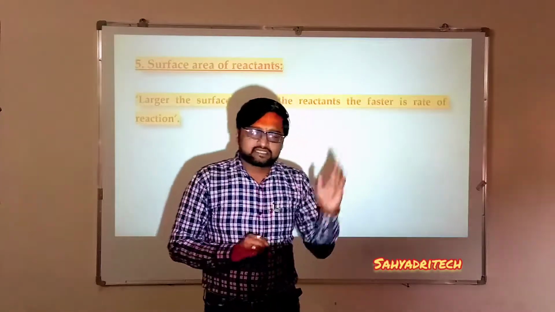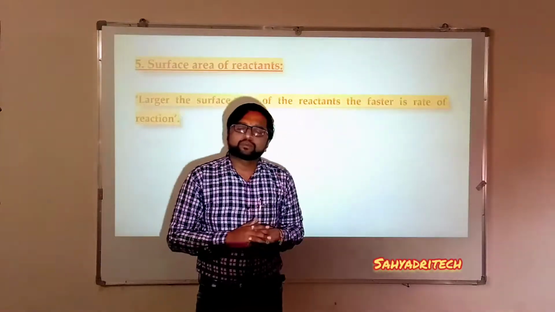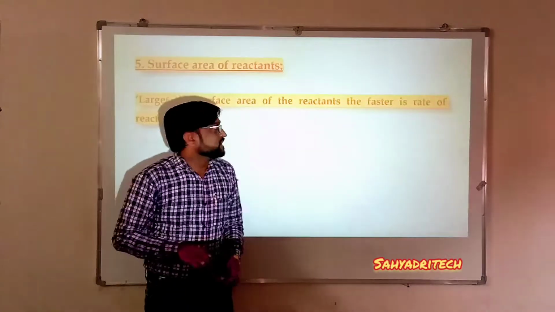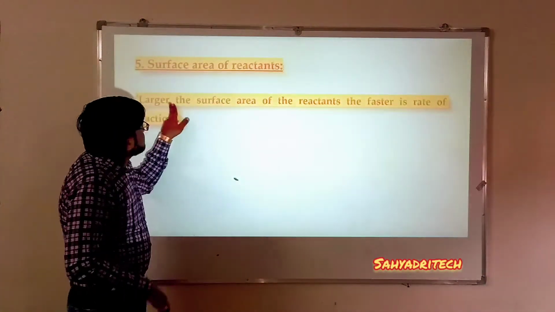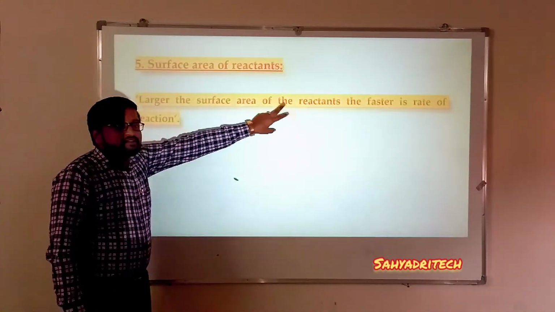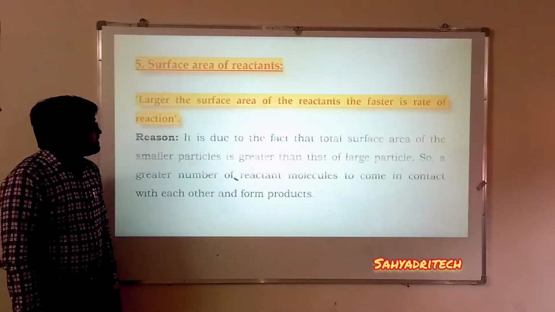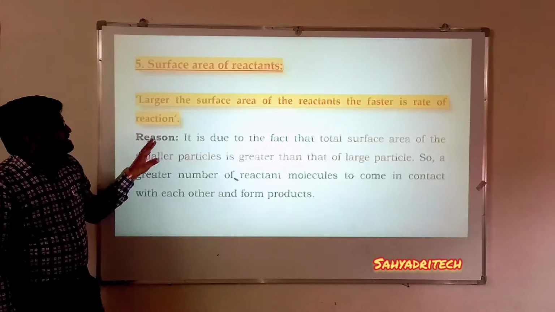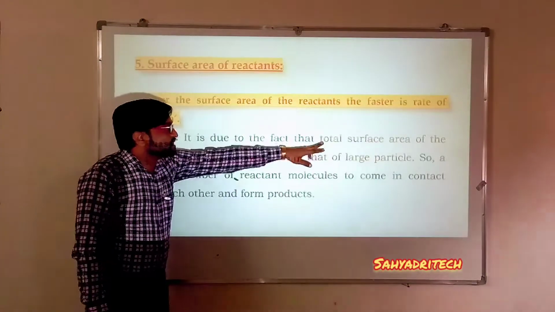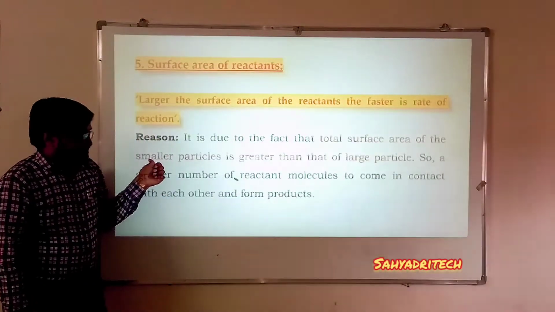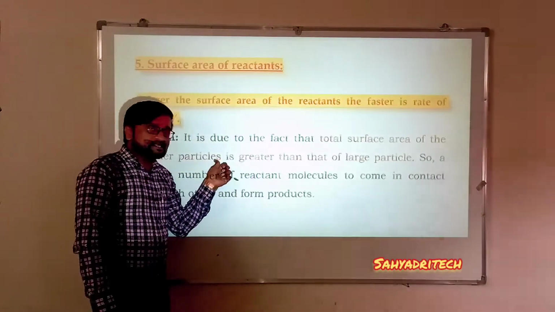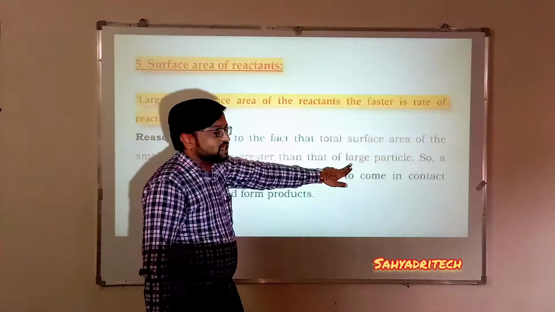The surface area is directly proportional to the rate of a reaction. So larger the surface area of the reactants, faster is the rate of reaction. The reason is that the total surface area of smaller particles is greater than that of larger particles.